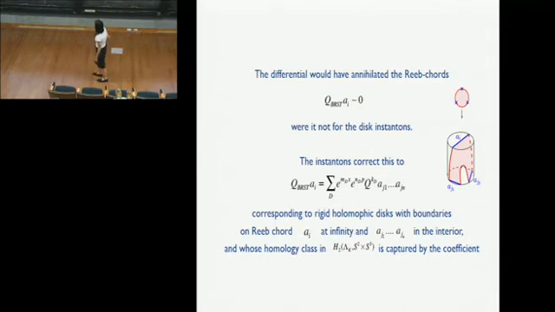This is counting holomorphic disks with one boundary on the Reeb chord you're interested in, that's at infinity, and other boundaries deep in the interior, if you go down towards where the P1 was. And the coefficients are the count of disks in the second relative homology class with these boundary conditions.